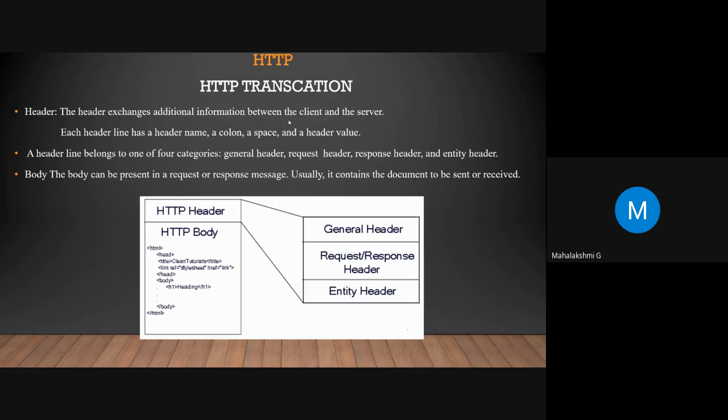We have seen the format of the request message and the format of the response message, what we have to include in the header part and what we have to include in the body part. We have seen different header lines and where they are used, and we have listed a table for each type.